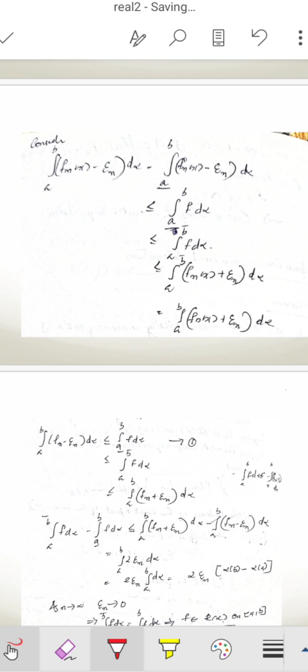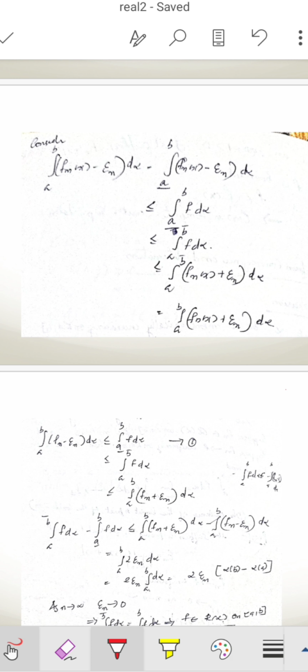Now we are going to show that f belongs to R(alpha). For that, we consider the integral from a to b of f_n(x) minus epsilon_n d alpha, which equals the lower integral from a to b of f_n(x) minus epsilon_n d alpha.